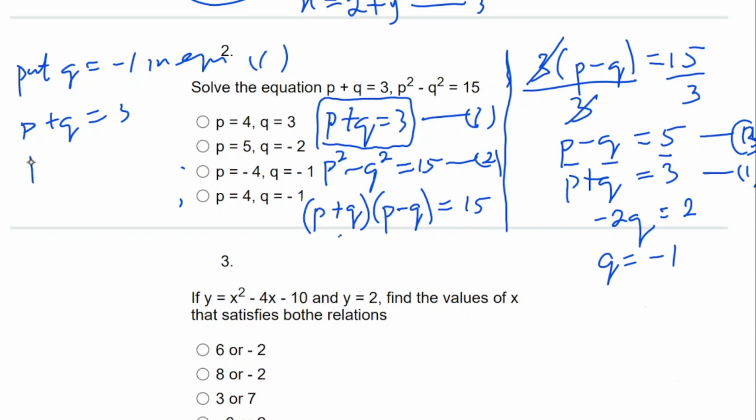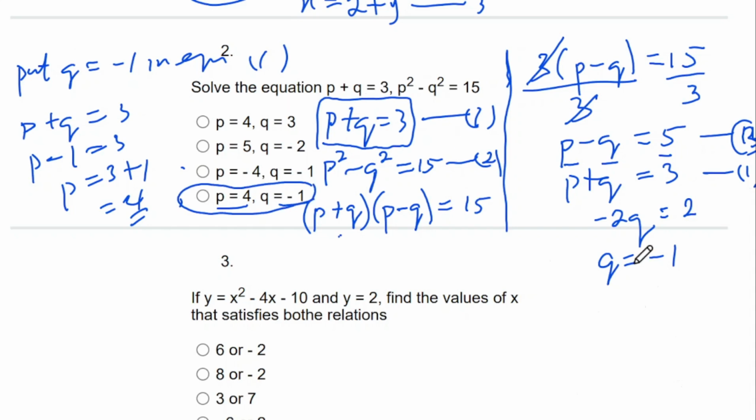So q is equal to minus 1. We then put that in: p minus 1 equals 3. That's p equals 3 plus 1 equals what? 4. So we can see p equals 4, q equals minus 1. So that will be the answer. I believe this is clear, all right?